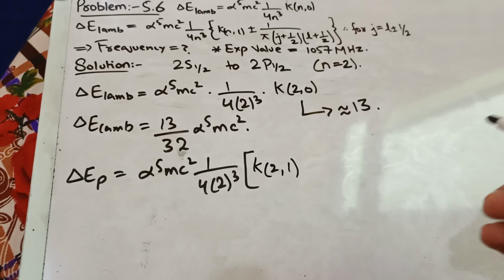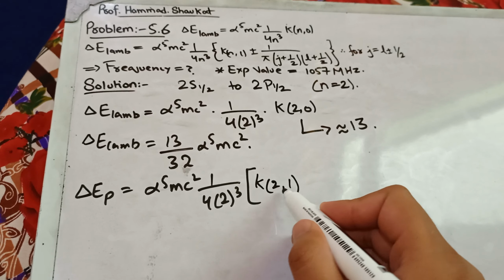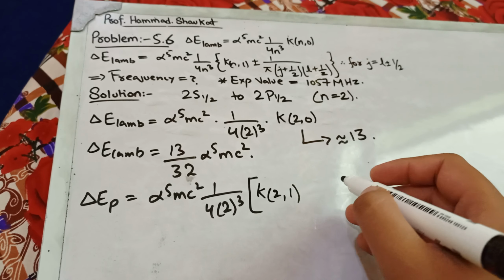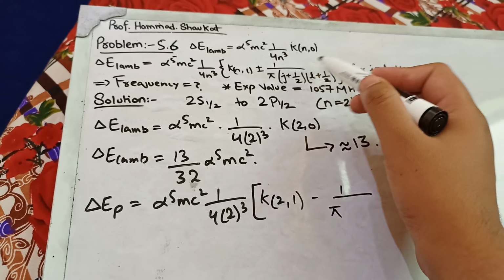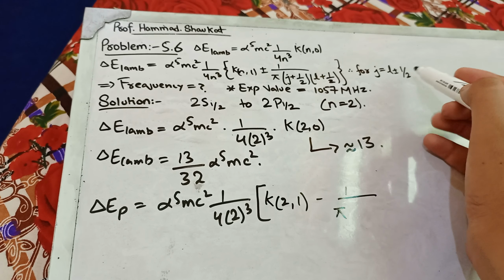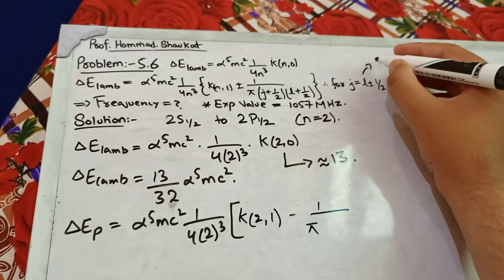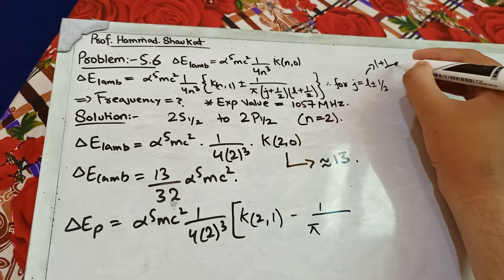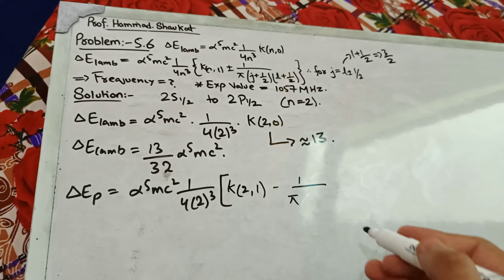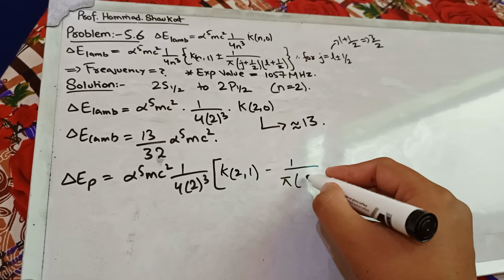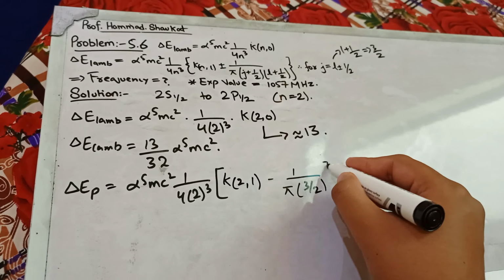So that's why k_nl becomes k_21, minus 1 by π, times 1 over (j plus 1/2)(l plus 1/2), and here the l value is 1, plus 1/2, so it becomes 3/2. You put 3/2 here and 3/2 here.